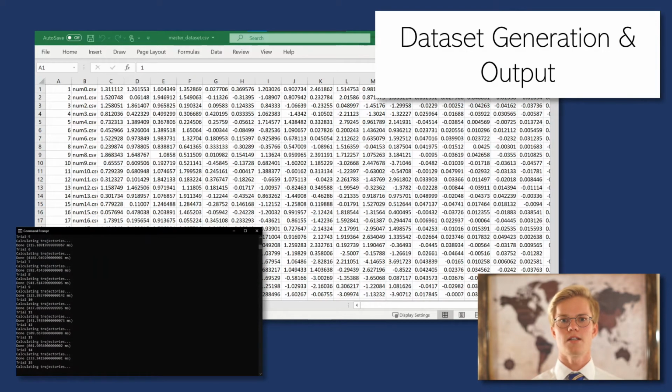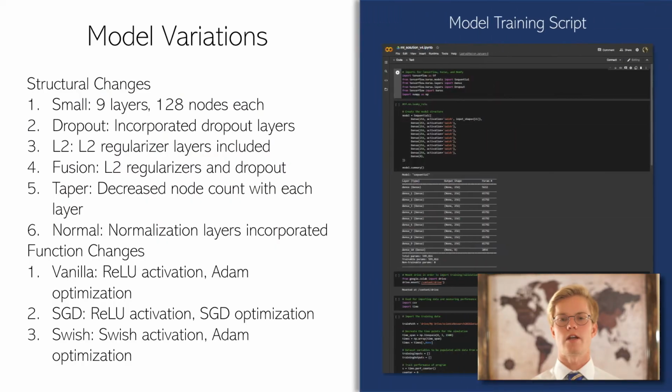Generating solutions to each of these problems by hand was not feasible, so I developed another program that randomly generates starting conditions and then solves the trajectories of the four-body system using the aforementioned base solver. It outputs two NumPy arrays of floating point values that can be later imported into a script to train the machine learning model. One of these arrays includes the initial conditions and times for each problem, and the other array contains the calculated trajectories.